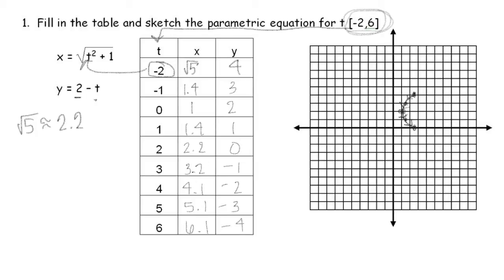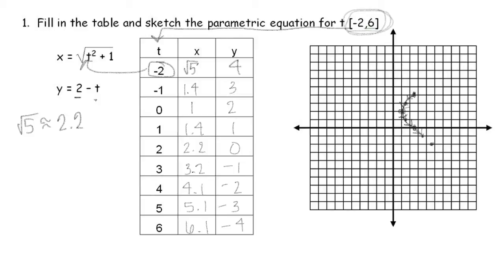And we can finish plotting our points. We have 3.2, so over 1, 2, 3.2, and down 1. And again, continuing on with my arrows. 4.1 and -2.